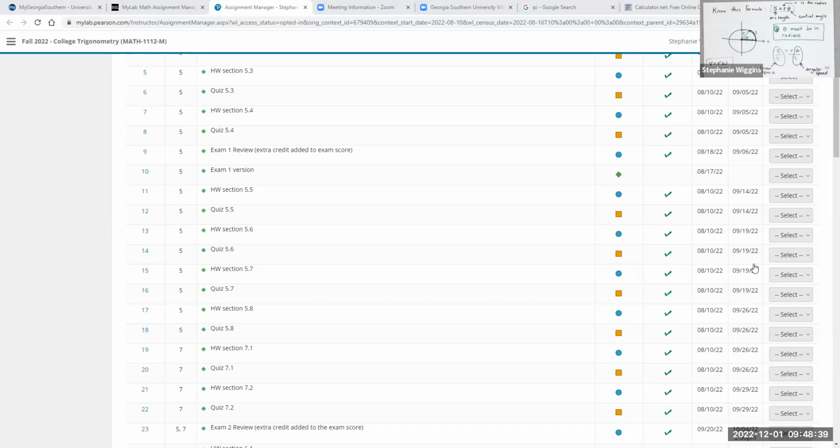Actually, let's see, where is it? Here it is, 5.1. Express angular speed in radians per second.